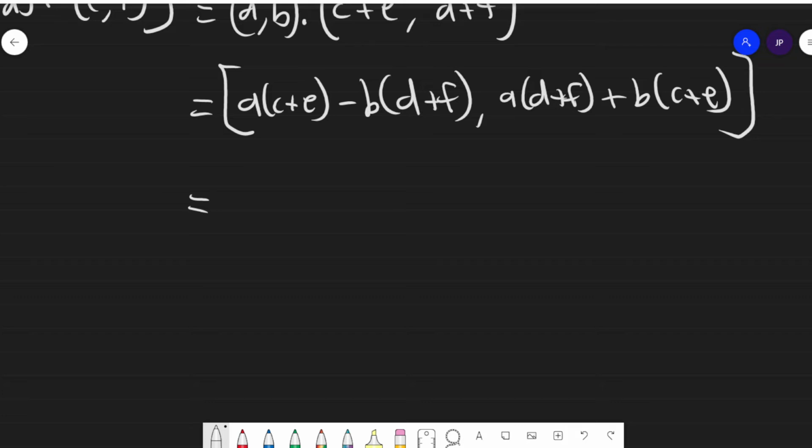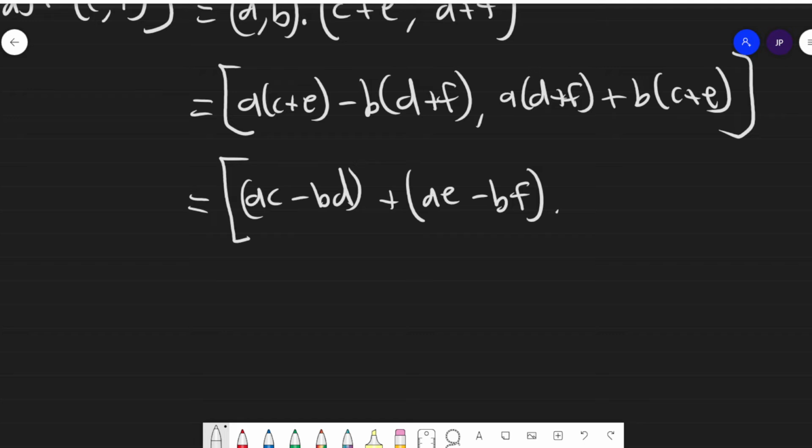The way we're going to group it is we want to group the AC and BD together. So we'll multiply it out, and then we're going to associate, because A, B, C, D, E, and F are all elements of a field, they do associate, so I can associate them differently. So I can associate the AC minus the BD, so I can put them together. And then I'm going to have plus the AE minus the BF.